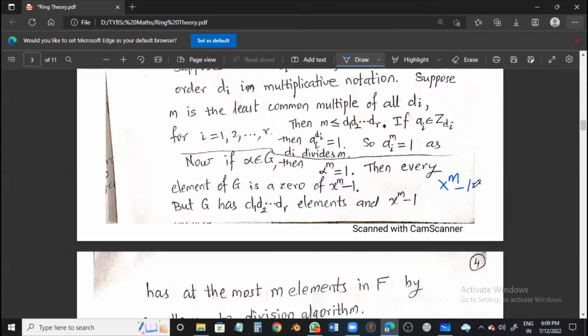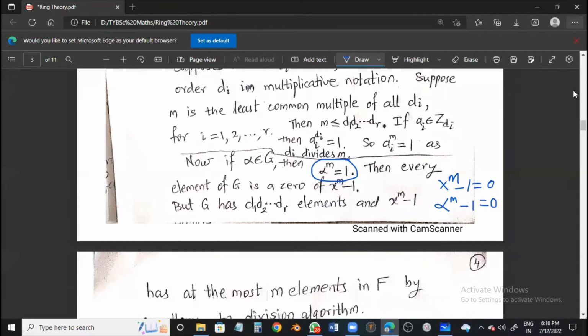Do you agree? In place of x, I put alpha. Alpha raised to M becomes 1. What does this mean? Alpha is a zero of the polynomial x raised to M minus 1.